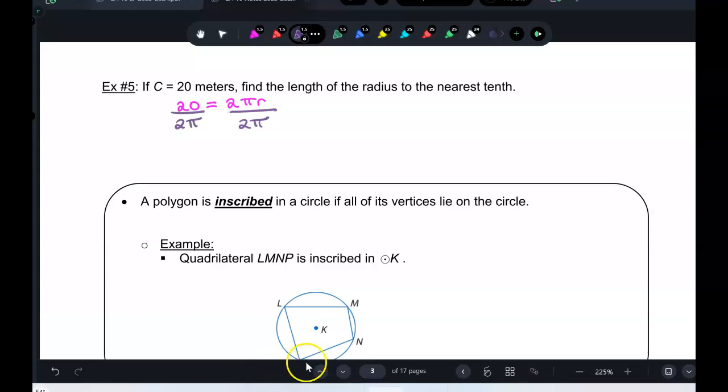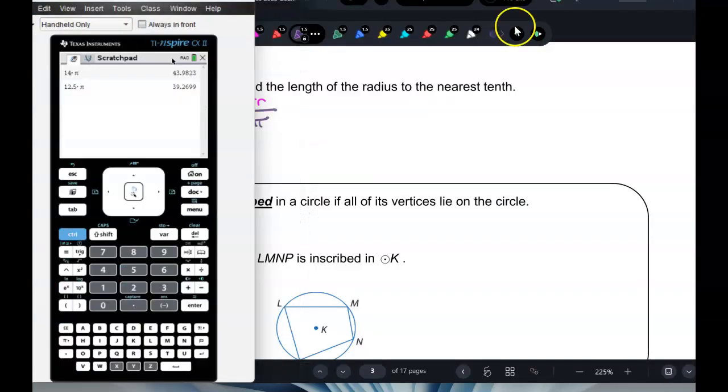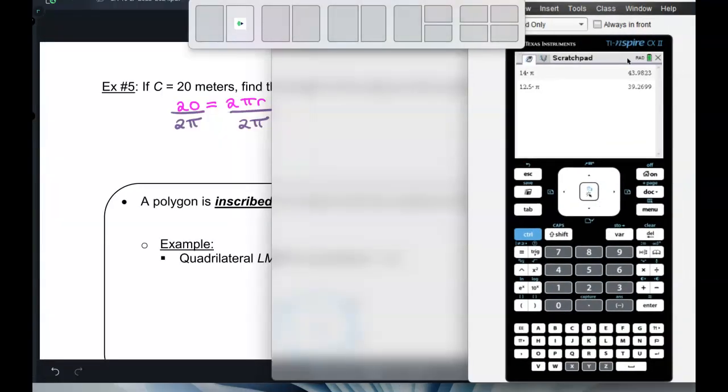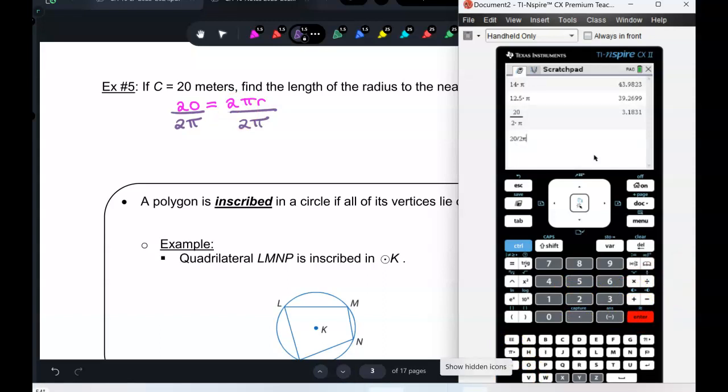Now I just want to be careful. I'm going to take 20 and divide by 2 pi. Just be careful if I type it in as 20 divided by 2 pi like this. What's going to happen when I press enter? It's going to do 20 divided by 2 and then times pi.